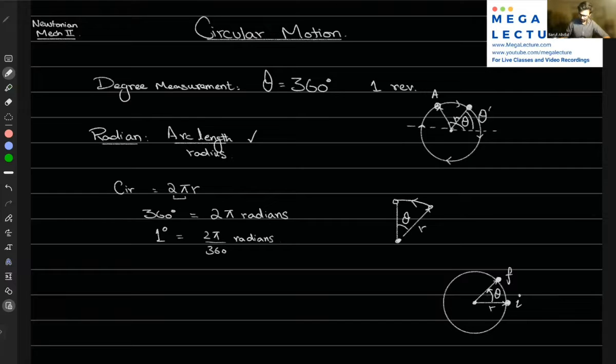While this is the radius vector. Now this angle theta is preferably measured in radians. And as we move along, we'll see why. So this means that the angular displacement is defined as the change in angle theta. So you can measure this angle theta in radians.